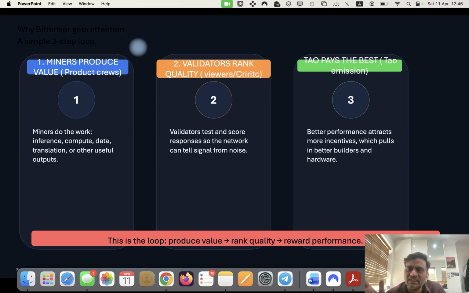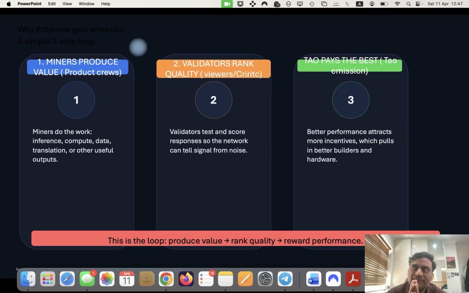Last thing: in Netflix, people get paid in the form of currency. Here in tau, the model is very much based on Bitcoin. So better performance attracts more incentive, which pulls in better builders and hardware.